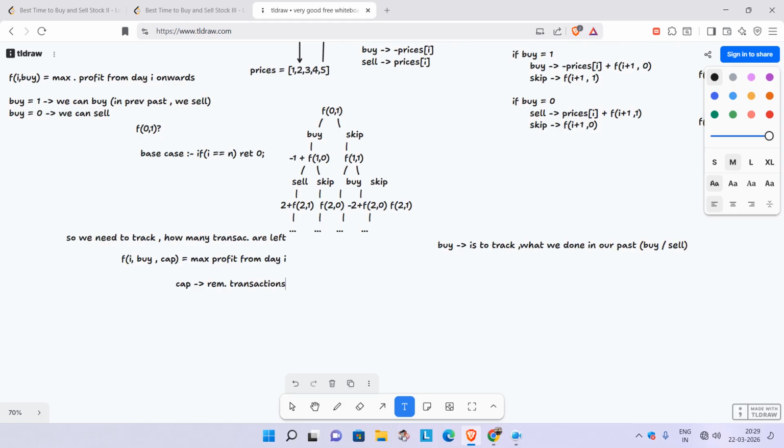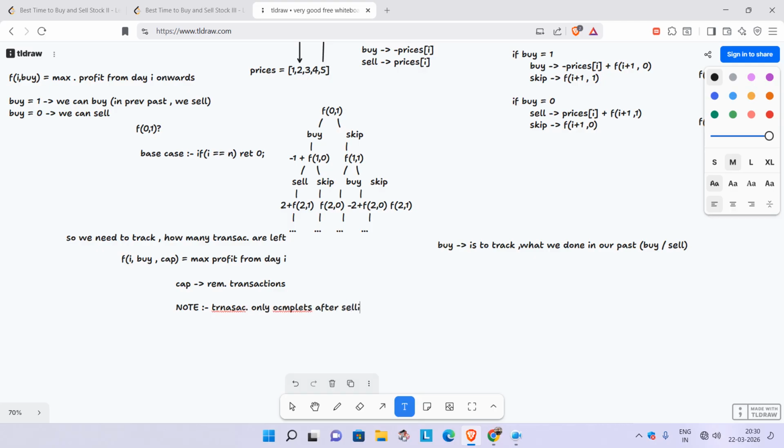And we know that after selling our stock, our transaction is completed. During buying a stock our transaction doesn't complete; a transaction is completed only after selling the bought stock. This is a very crucial thing.